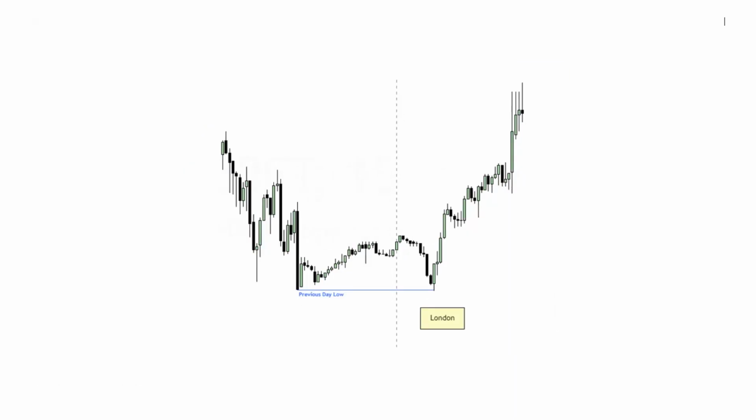And this is pretty much how it looks when you're bullish, with price sweeping out the previous day low during London, our manipulation phase. This is our accumulation, manipulation, price starts moving higher, right? And how you identify that price is trying to move bullish and is respecting the previous day low, right?